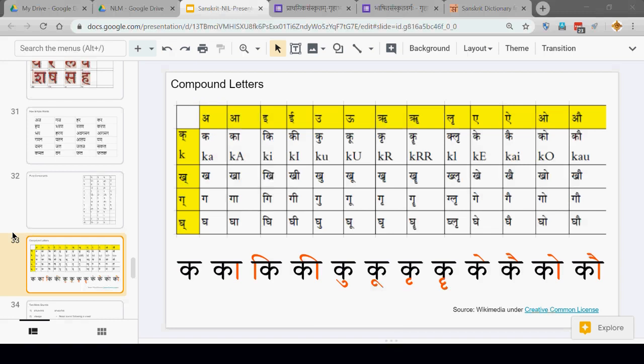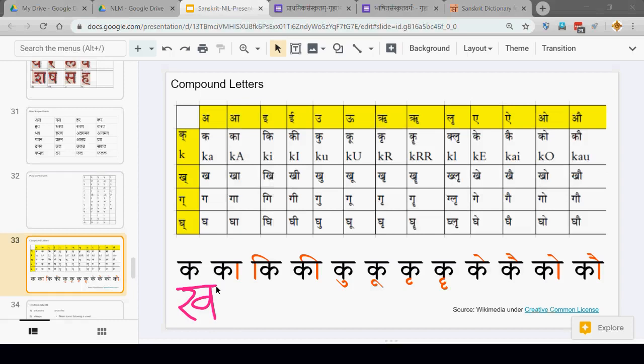So as you see here, the other consonants also follow the same writing technique. So the k sound, k, without the addition of any vowel, has a slant line at the bottom. But with the addition of the vowel there is no line at the bottom, just without the line.